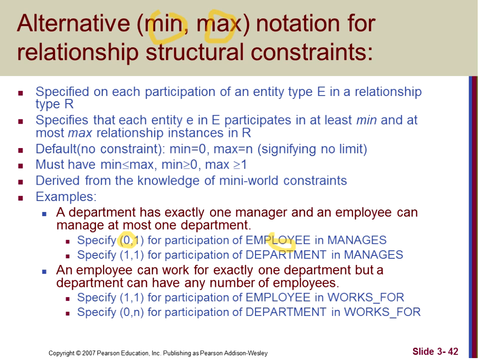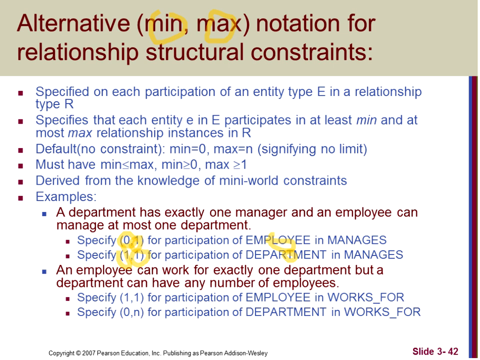Minimum 0 if you are not a manager, and maximum 1 if you are a manager. In terms of department, how many employees for the manager? Minimum 1, maximum 1, because each department should have at least 1 manager and at most 1 manager.